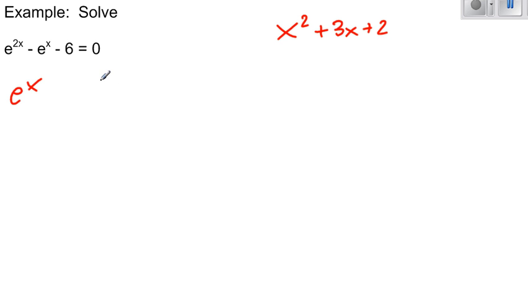So this will factor into this form. So we're looking for what multiplies to be a negative 6, but adds to be a negative 1 in the middle. So that's going to be negative 3 times positive 2. And we add them together, you get negative 1.